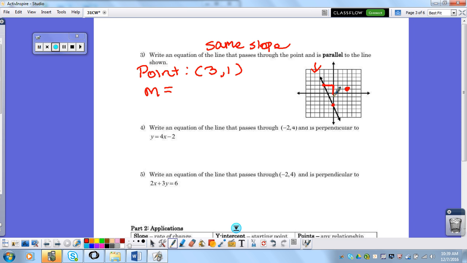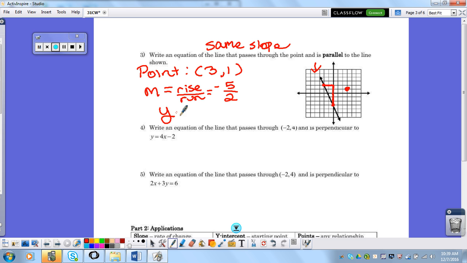But I connect the 2 points, and you have to remember slope is rise over run. So how much did you go up? I went up 1, 2, 3, 4, 5. I went to the left 2. So that means my slope is negative. So now all we're going to do is put it into point slope form, because you have a point and you have a slope.